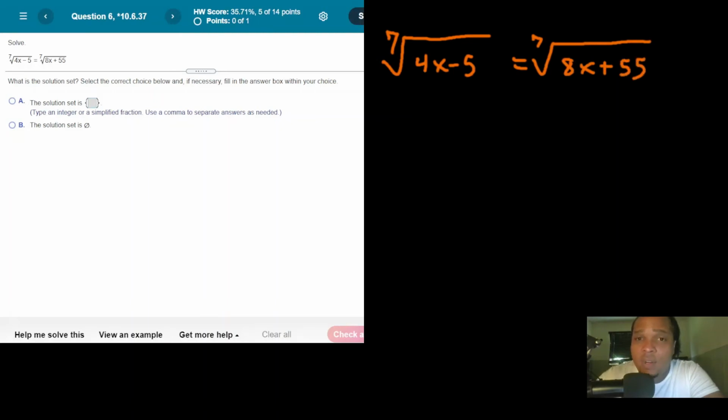Okay, so to get rid of a radical, we raise the radical to the index of the radical. The index here is going to be 7, so you're going to raise it to the 7th. And that's it. So I'm going to write it again here so you can see what I mean.